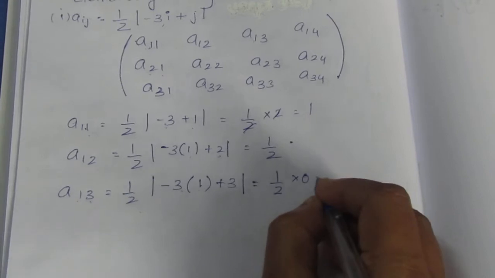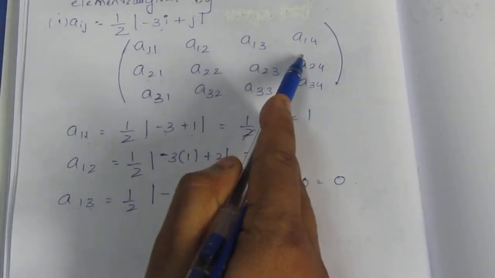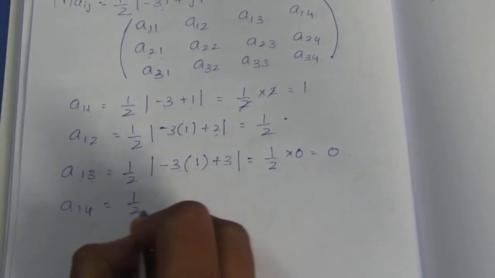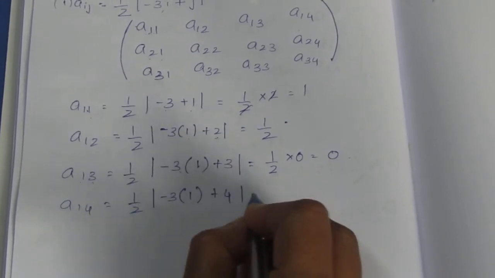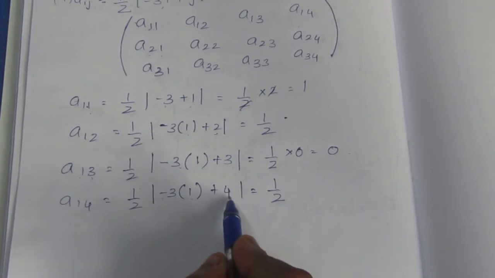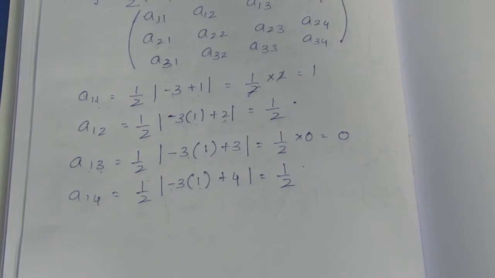So 0 into any number will be 0. Now A14 we need to find. A14 is equal to half modulus of minus 3 into 1 plus 4. Here minus 3 plus 4 will become 1. So half into 1 will become half.